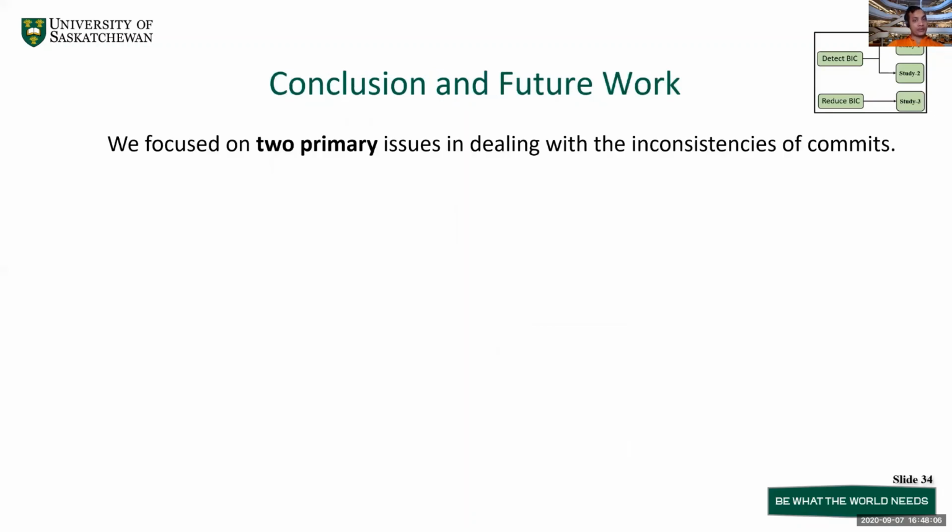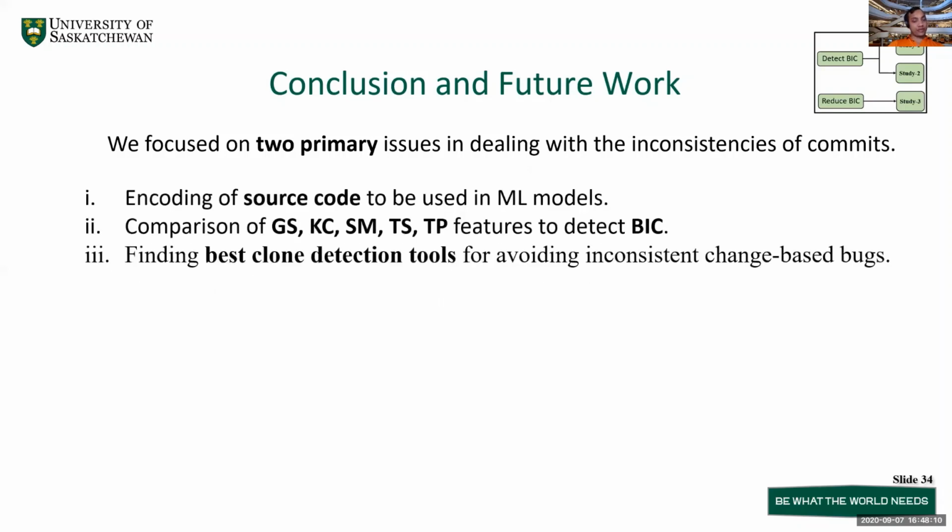Now I am going to conclude my presentation. I focused on two problems. One is detecting bug-inducing commits, and the other is how we can reduce the number of such commits in the software system. I also represented and investigated the scenario of encoding source code, which can be used in machine learning models.